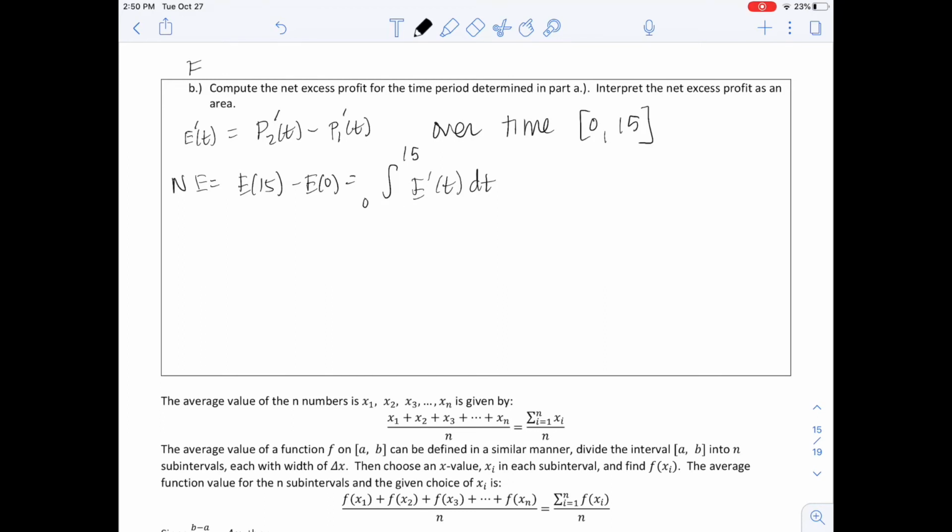And again, remember our E from before, taking our derivatives.